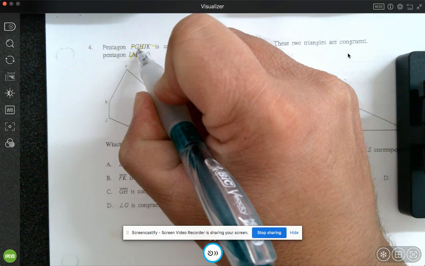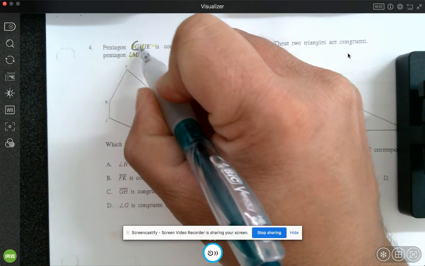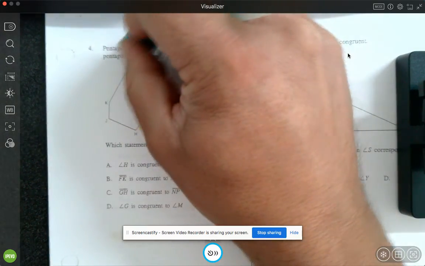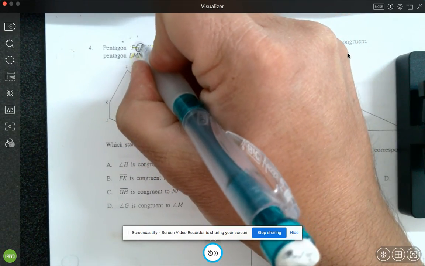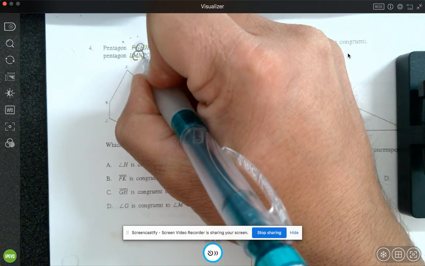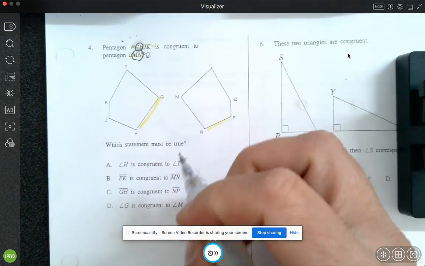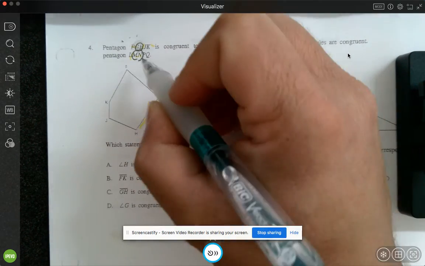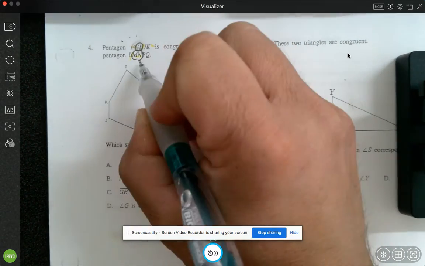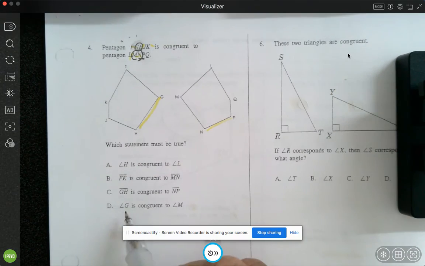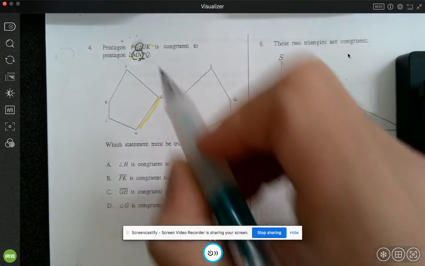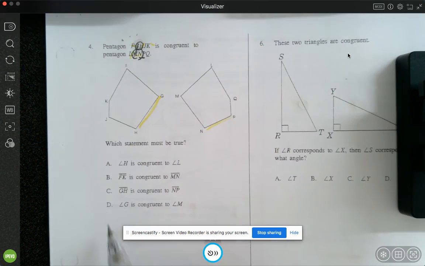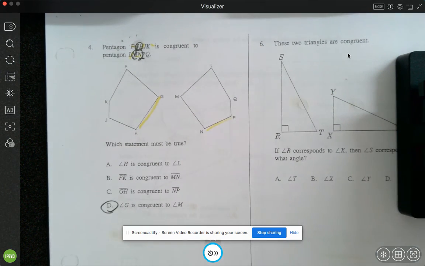GH is the second and third letter, and MP is also the second and third letter. But it said GH, and no, it's not that one. Sorry, because they said NP, so those letters. My bad. And then angle G and angle M, probably should have just started there. Look at that. They're both the second letter, so it's got to be D if you put D correctly.